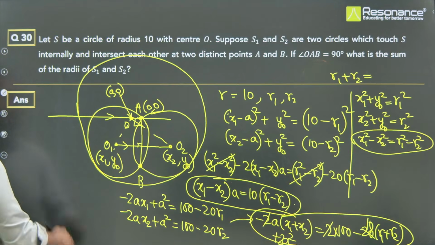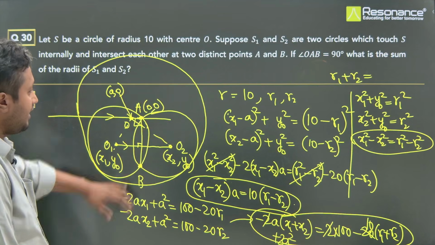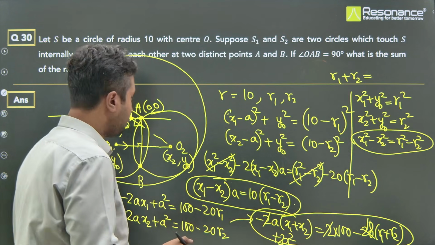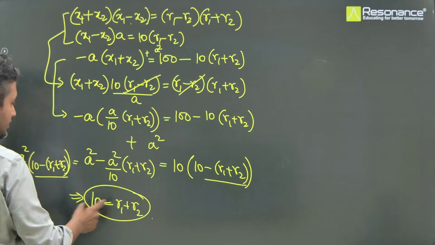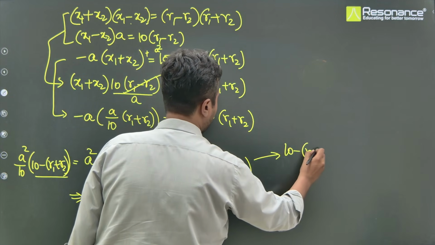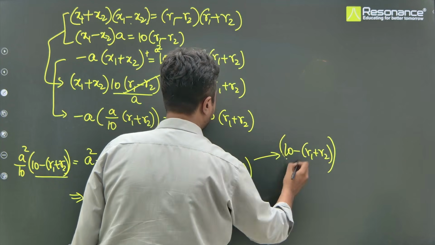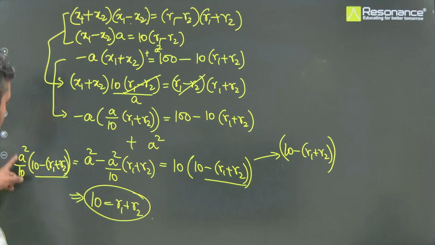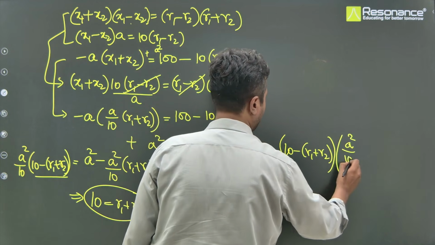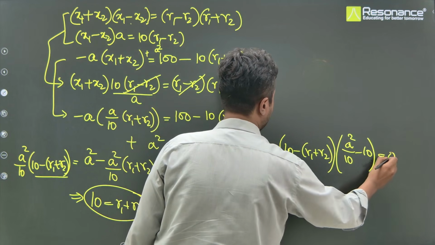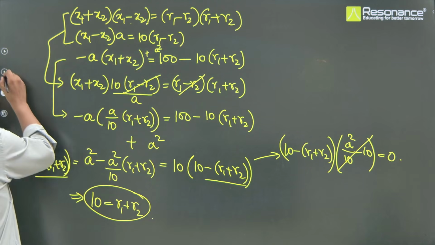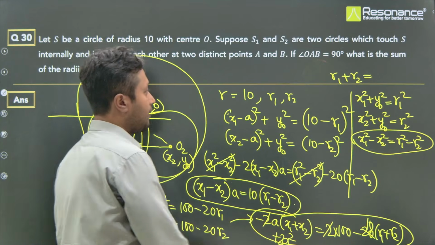Just think about what happens. The points are inside, so a cannot be equal to 10, which means you can strike those factors out. In fact, let's just see what that term is. This would tell you that (10 minus (R1 plus R2)) multiplied with (a square by 10 minus 10) is equal to 0. This factor can be safely removed. Therefore, R1 plus R2 is equal to 10.